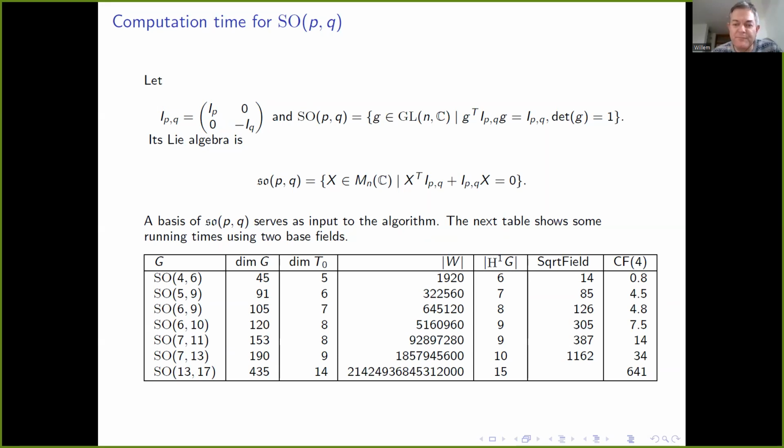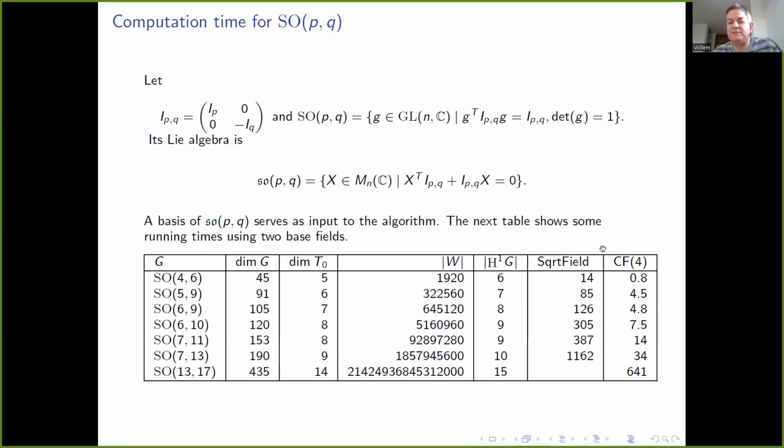But anyway, this is the order of the H1 of G. So the output of the algorithm is just a list of explicit n times n matrices which are cocycles. So the first one gives me 6 cocycles, then I've got 7 cocycles, and so on, which then represent the elements of H1 of G.